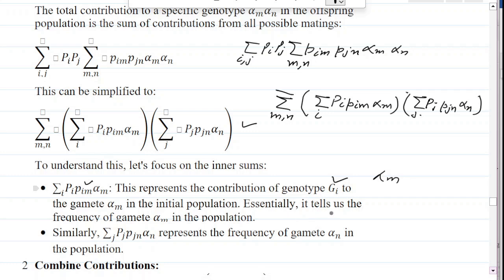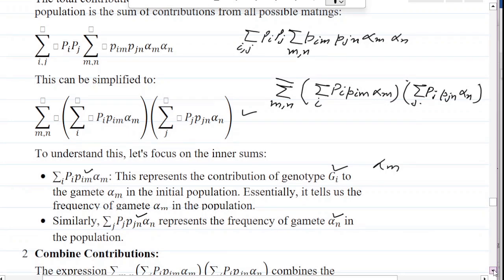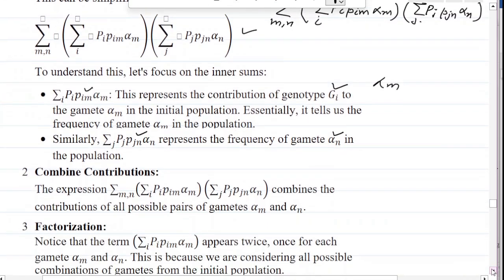Essentially, it tells us the frequency of gamete alpha m in the population. Similarly, the second term, Pj Pjn alpha n, represents the frequency of the gamete alpha n. So I think this is clear to you.